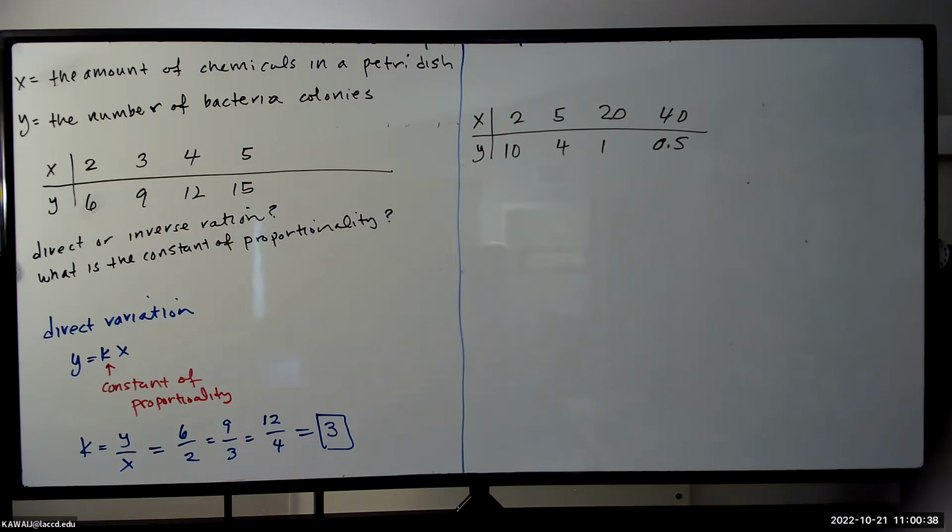Give everyone a chance to copy what's on the left, and then we'll talk about this again.